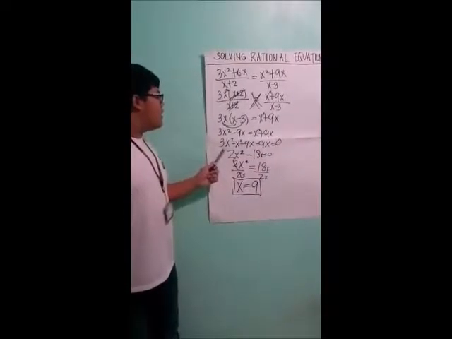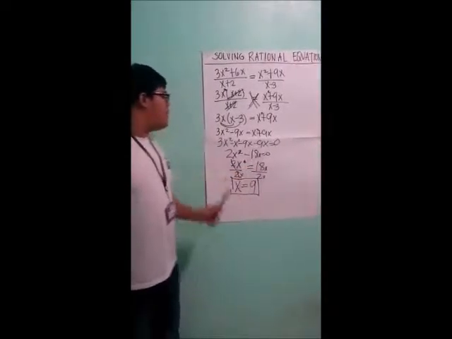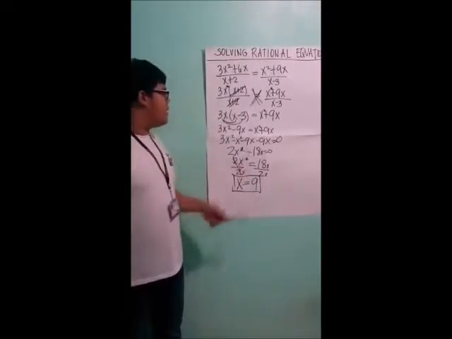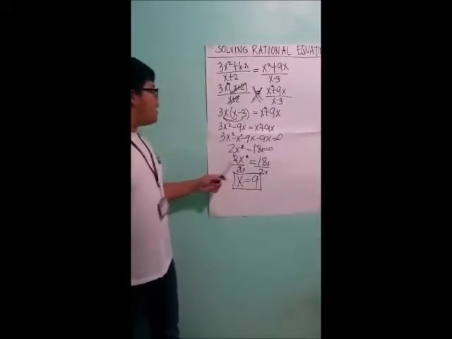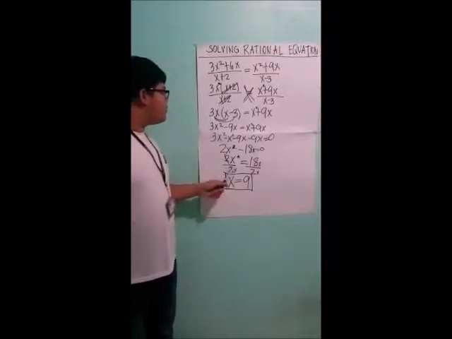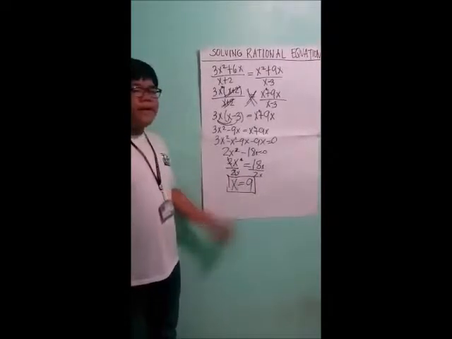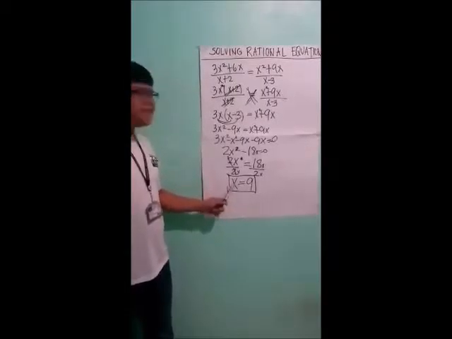So it will become 2x squared minus 18x is equal to 0. And then I will use the APE method to remove this negative sign. So it will become 2x is equal to 18x. I will divide both sides by 2x, so it will become 9. The answer is 9. x is equal to 9.